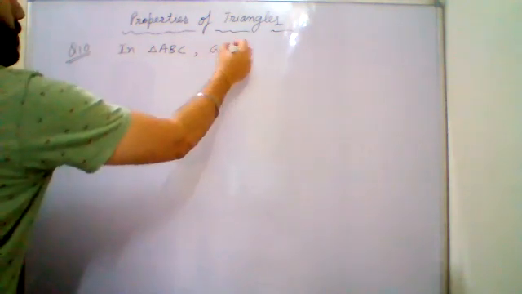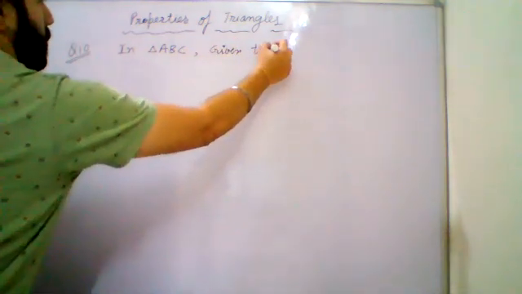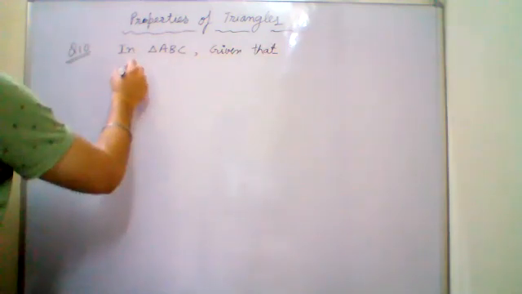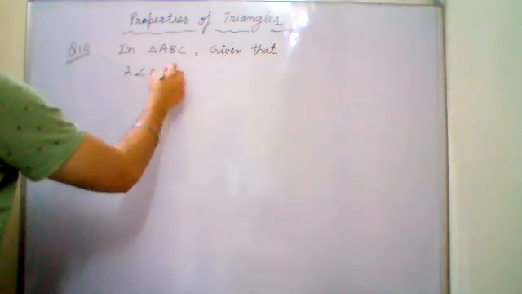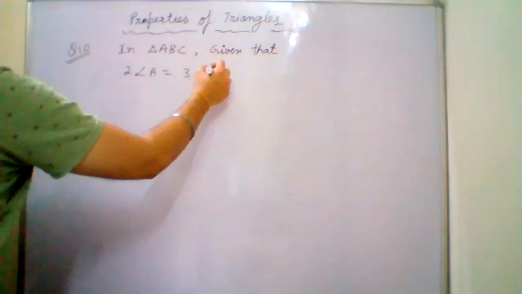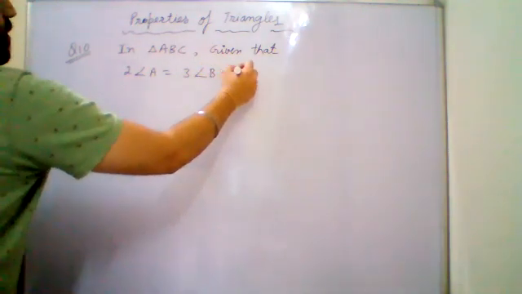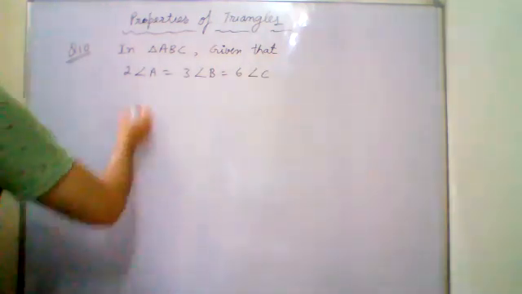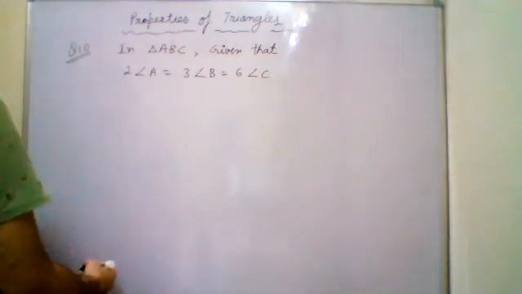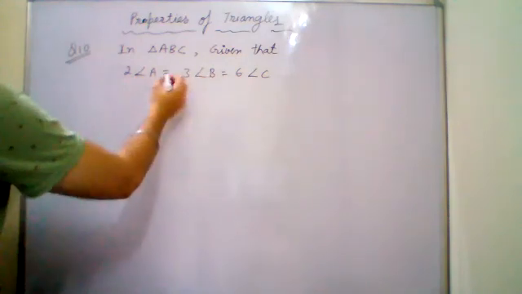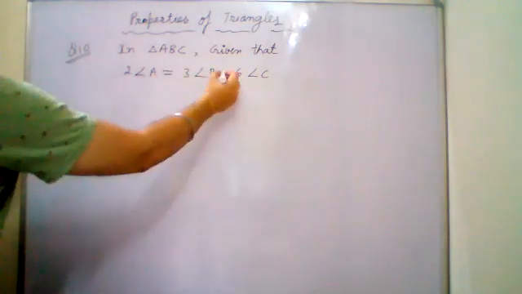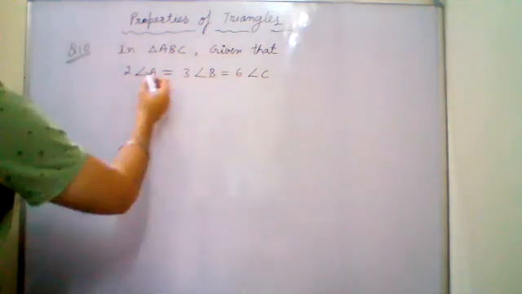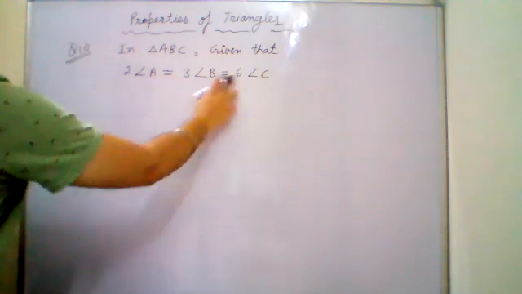Given that twice of angle A is equal to 3 times of angle B is equal to 6 times of angle C. You all can see this in the question. All the three things are equal. Here we are not adding, we are not doing plus. All the three are equal to each other.